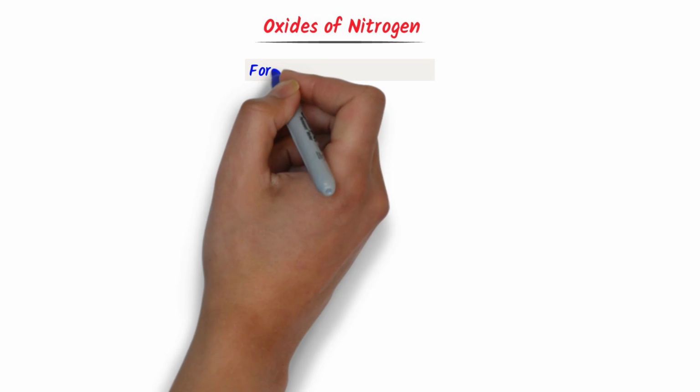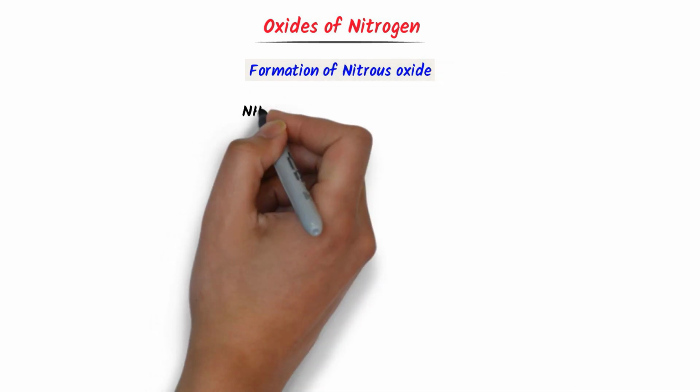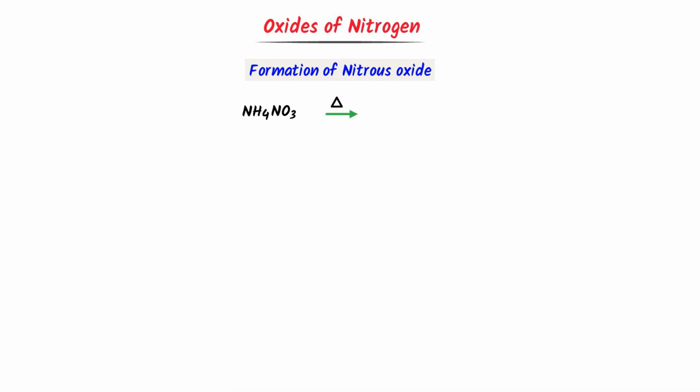The first reaction is formation of nitrous oxide. Let's consider ammonium nitrate. We already learned in the previous slide that heating ammonium nitrate gives nitrous oxide gas and water. We can see that there are 2 nitrogen, 4 hydrogen and 3 oxygen. According to the trick, I remove maximum water molecules.